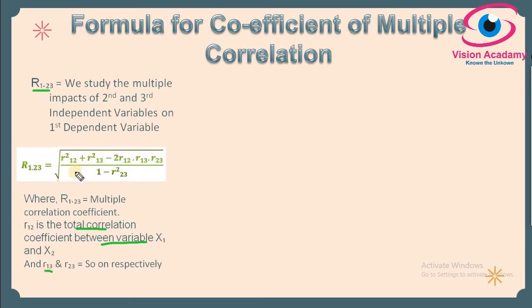Very importantly, we need to understand how to build this formula. Observe R1.23 and look keenly inside the square root. The first two elements are 1, 2, so R12.